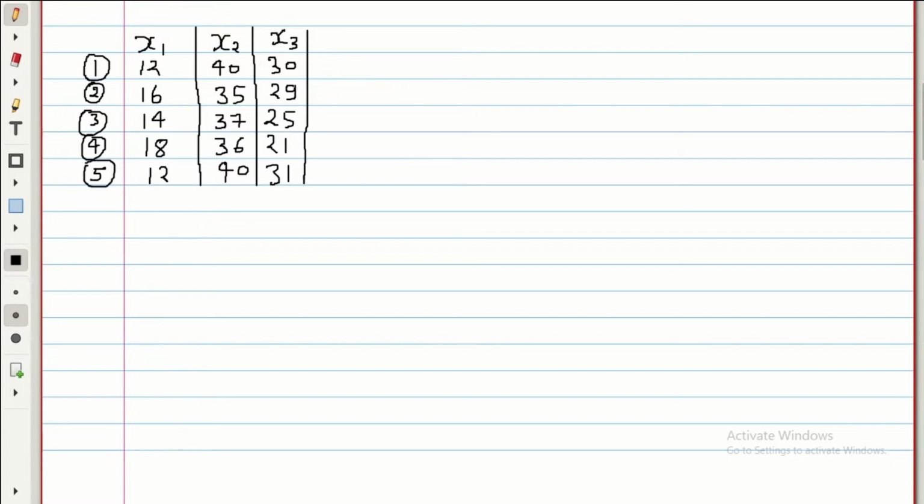The basic idea behind K-means clustering is that it partitions these instances into a number of clusters. Suppose I want to partition these instances into 2 clusters, namely cluster 0 and cluster 1.